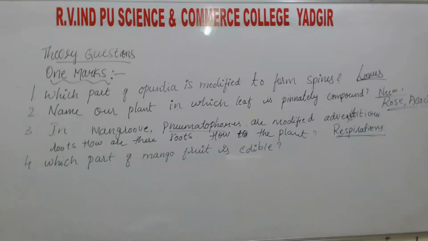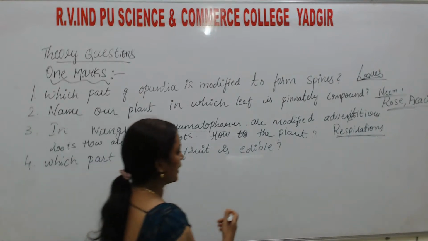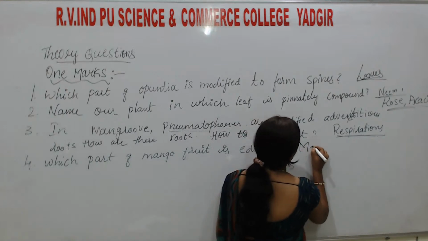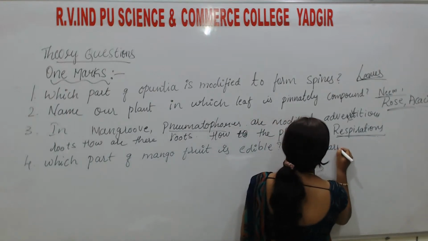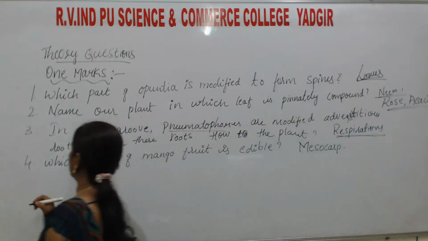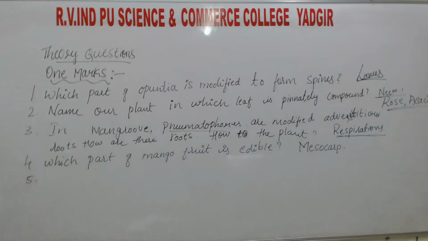The question is, which part of the mango are we going to eat. So the answer for this will be mesocarp. Not epicarp, it is mesocarp, the soft pulp we are eating, that is mesocarp.